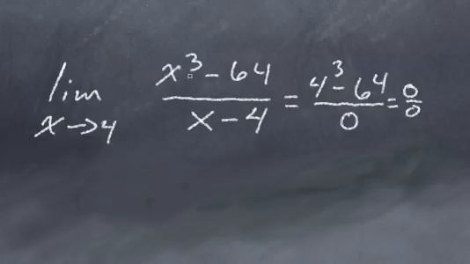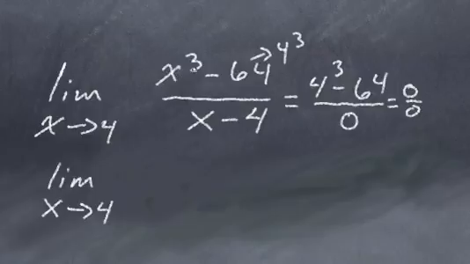So there's a formula that you need for factoring x cubed minus 64, something you need to keep in mind. Now I'm going to rewrite this limit. Alright, so this 64, remember, is 4 cubed. So we have x cubed minus 4 cubed. So this is what we're going to do here.